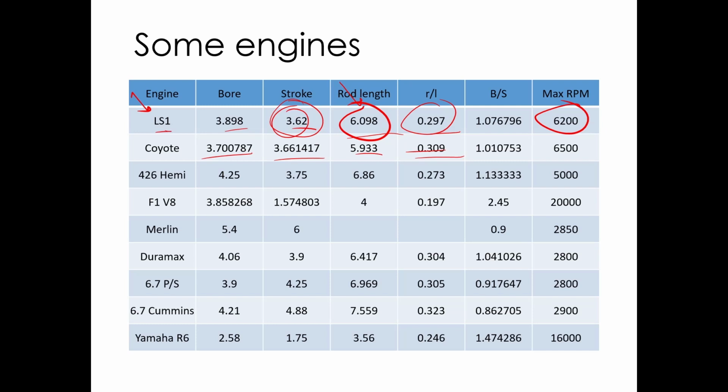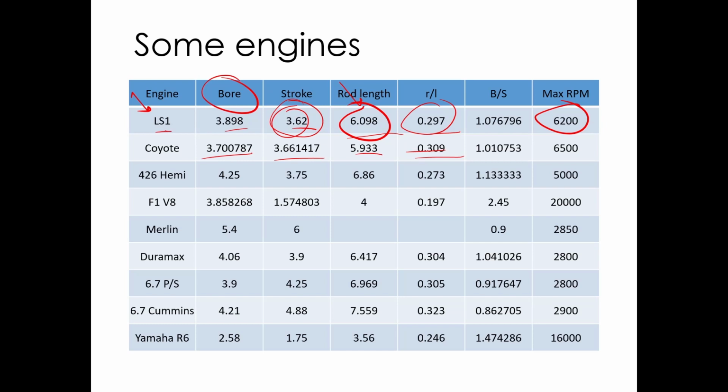I don't know how I didn't catch it before. I assume I just fat fingered in Excel and grabbed the wrong column. So I went through and calculated these things real quickly. Glad I caught that before I published this on the internet. But I'm not going to delete my mistake because that's how you learn. Anyway, so R over L is less than the 0.333 for the 1 over 3.